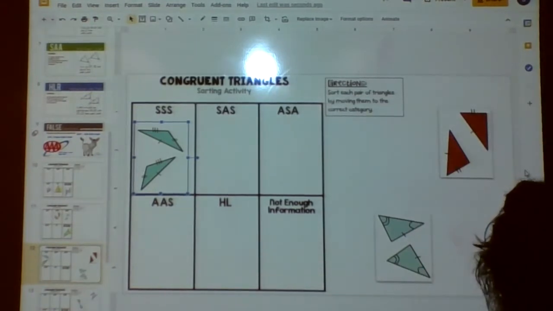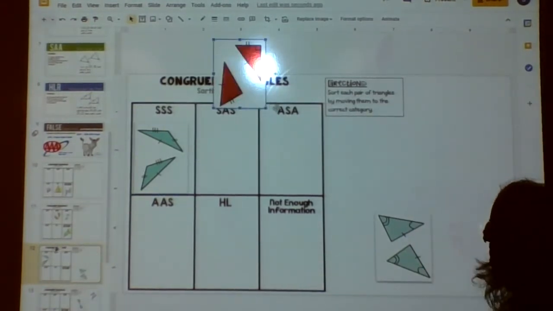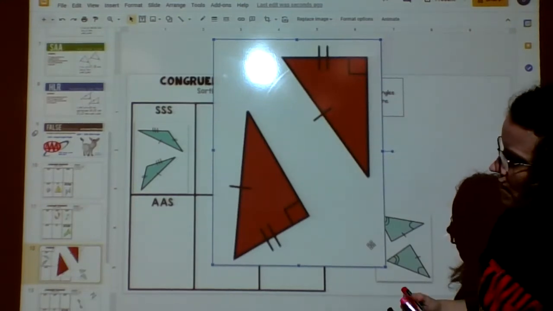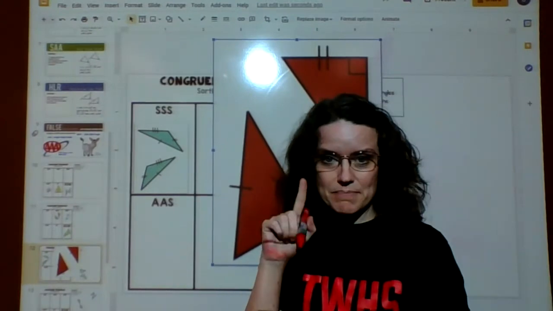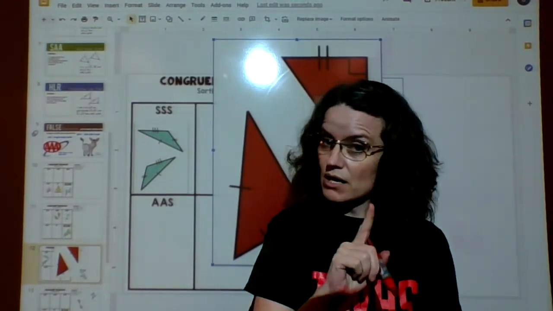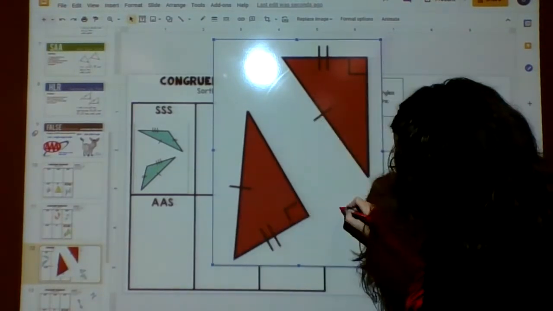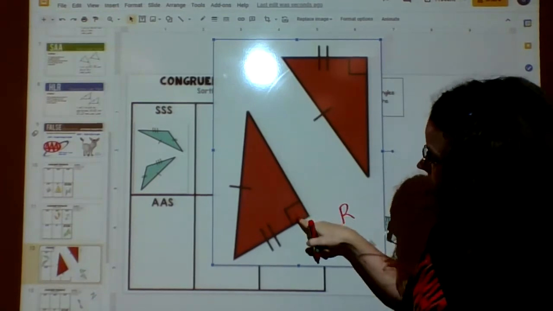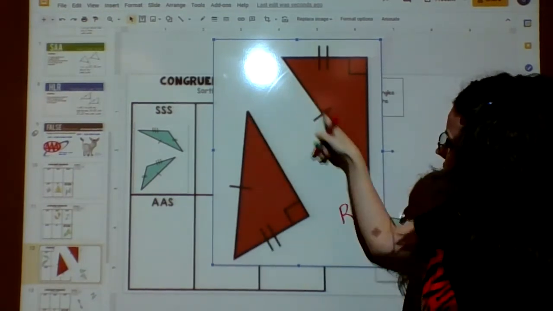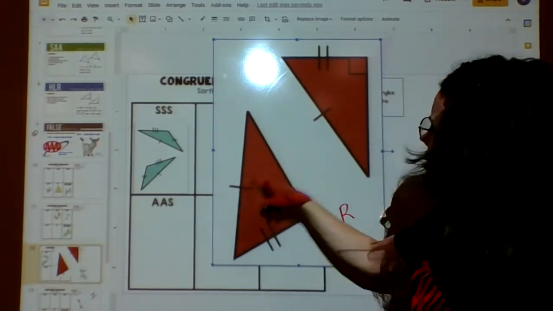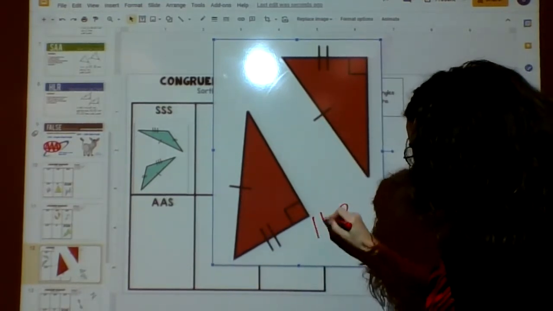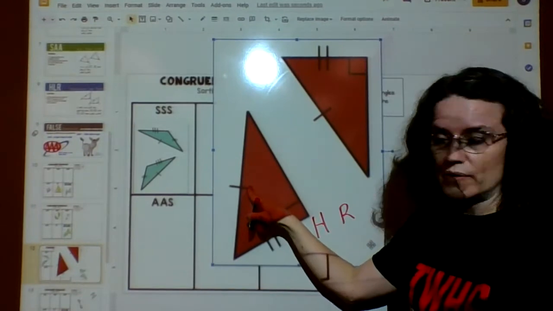Now I can come over here and pick up these brown guys, make you big. And on this one, okay, I have a right angle. Immediately my mind gets excited. This might be my hypotenuse leg, but I'm not sure. Let's make sure. So I've got a right angle. Oh, if I've got a right angle, I have hypotenuses, and look, my hypotenuses are congruent. So I have hypotenuse on each of these congruent.